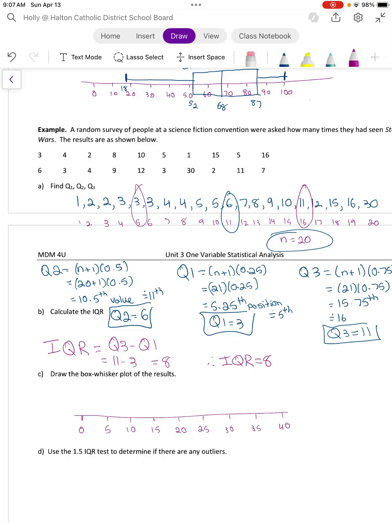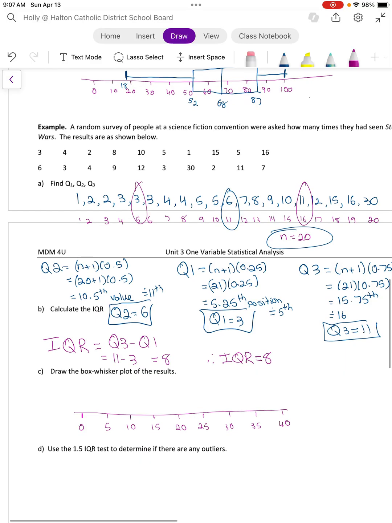Okay, so those are all graphed there. My title would be Star Wars Views. And now we can plot. It doesn't matter where you start here, but let me double check.